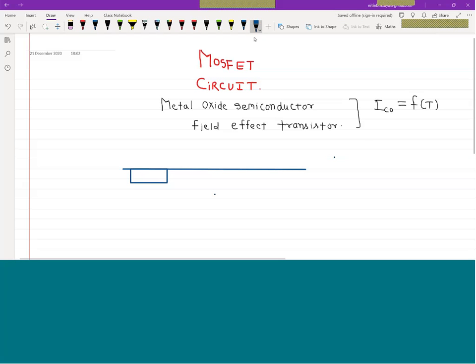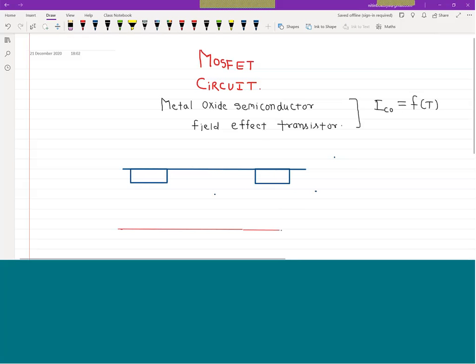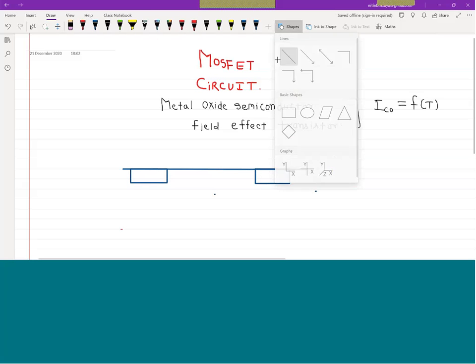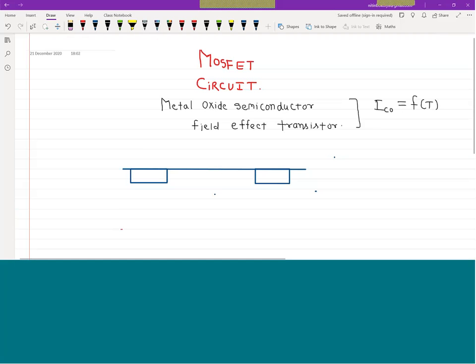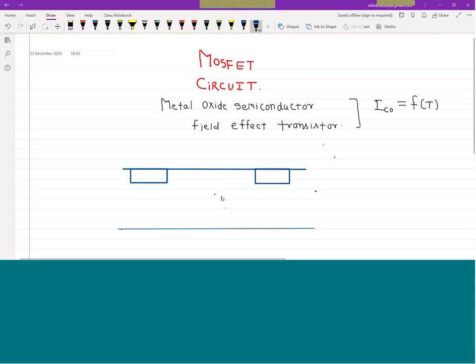Let's see the construction of the MOSFET. First we are taking one P-type substrate.